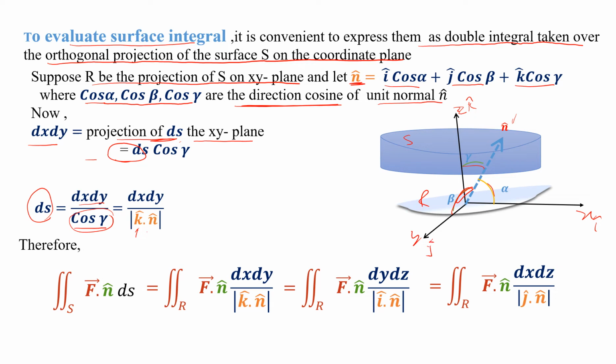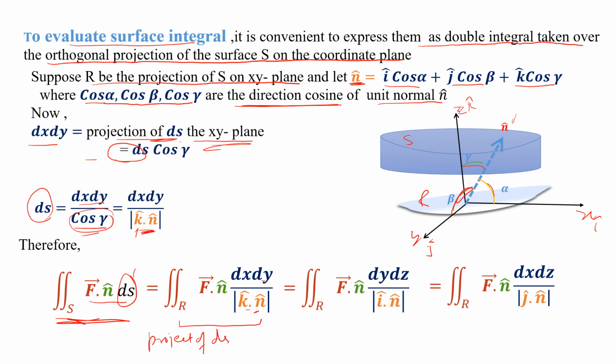Similarly, to evaluate the double integral F dot n dS, in place of dS we take dx dy upon k dot n cap. That is used when we take the projection of the surface S on the xy plane.